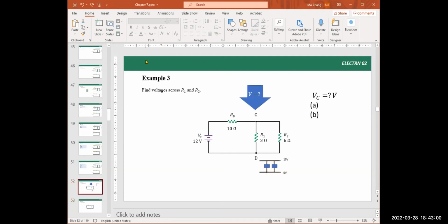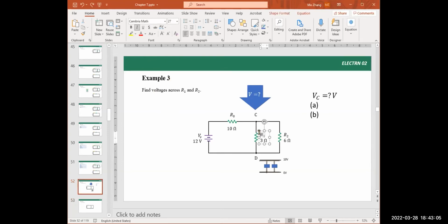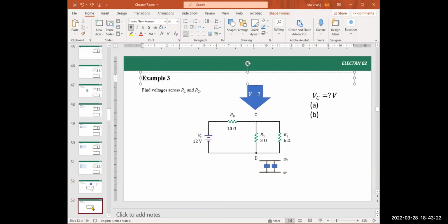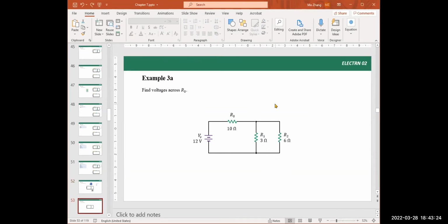First, this is example 3. We need to find the voltage across R1 and then across R2. Maybe we can find the voltage across both resistors. However, before reaching that part of the calculation, we need to know one thing. So I call it example 3, step part A: find the voltage across this resistor R0 first.